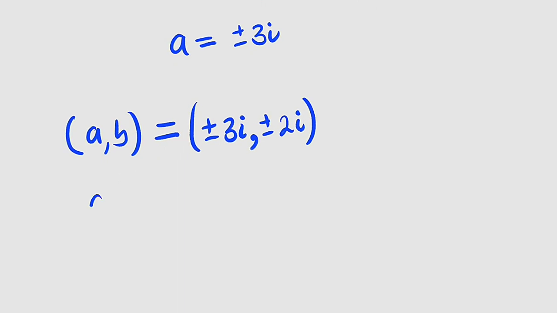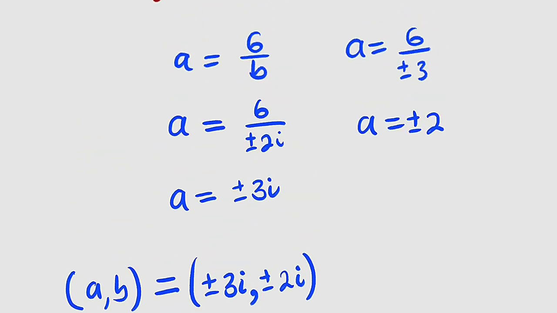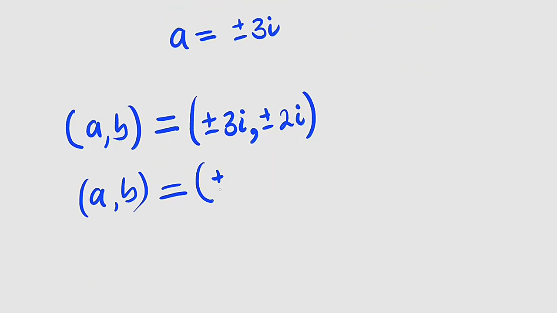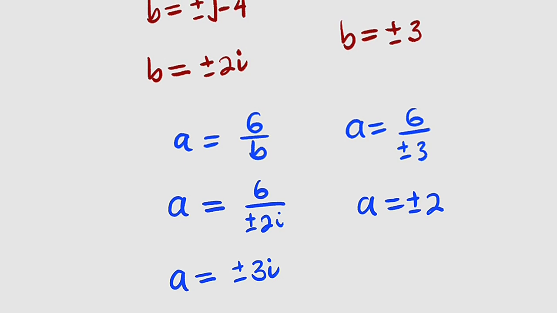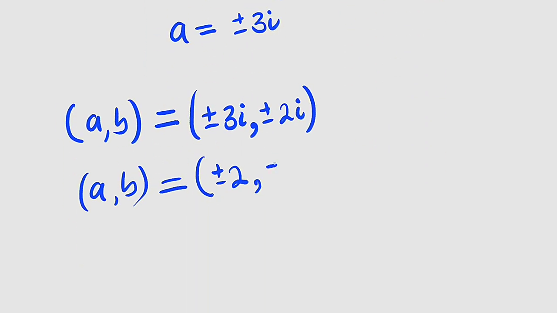Then the second one, a, b, could also be the other part. a is plus or minus 2, and b is plus or minus 3. So these are the 4 possible values of a and b.